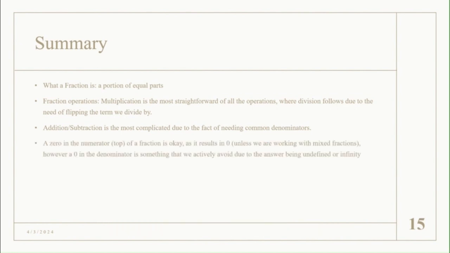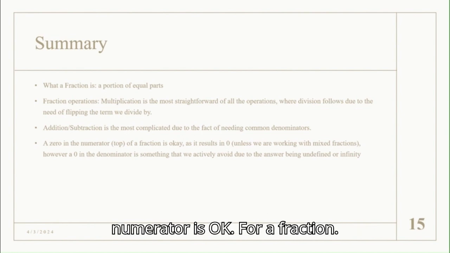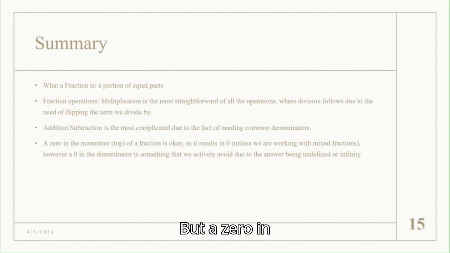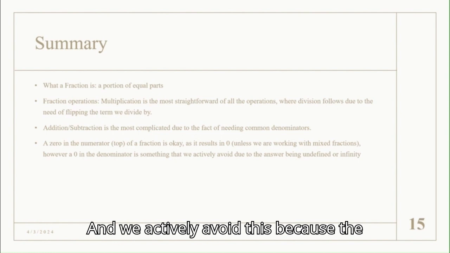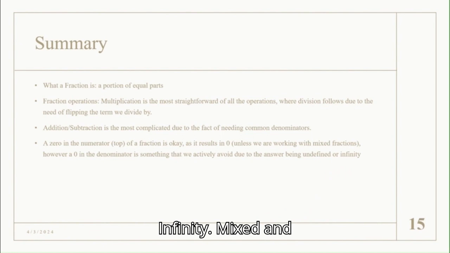And then we went over the idea that a zero in a numerator is okay for a fraction, but a zero in the denominator is not, because it breaks math, and we actively avoid this because the answer becomes undefined or infinity.